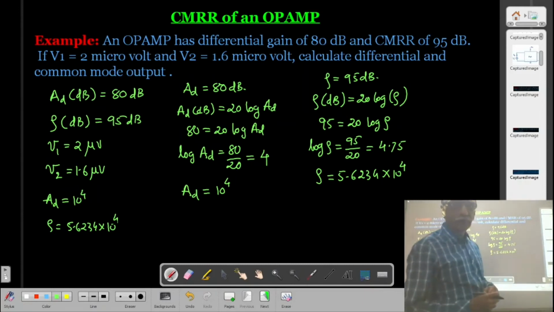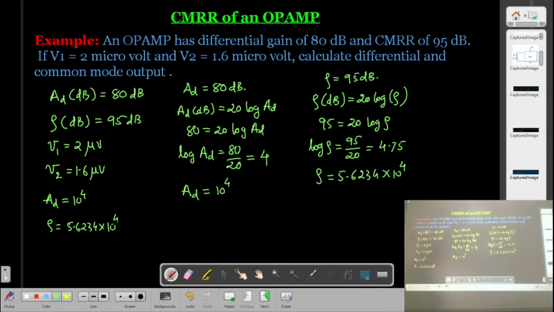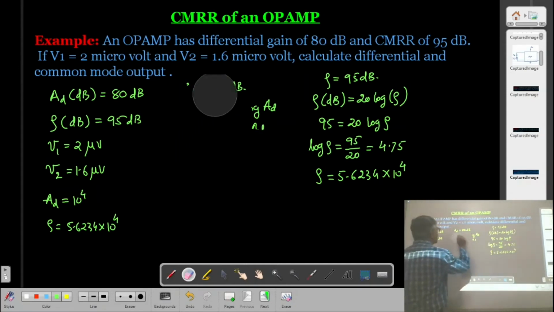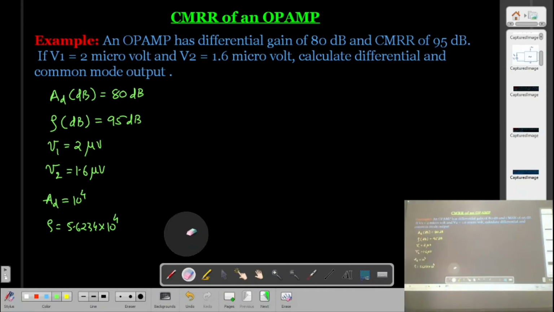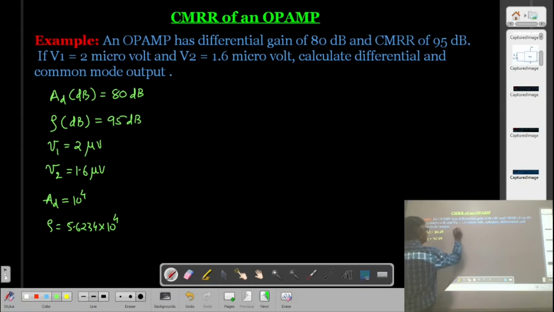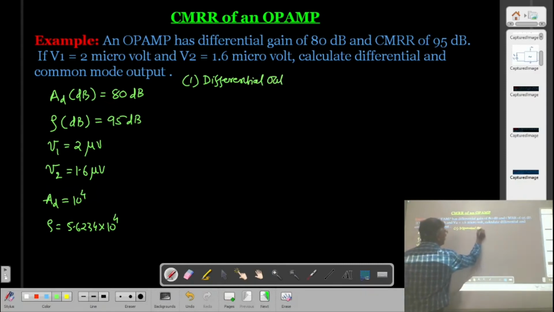Now we will calculate the differential output and the common mode output. The first one, the differential output.